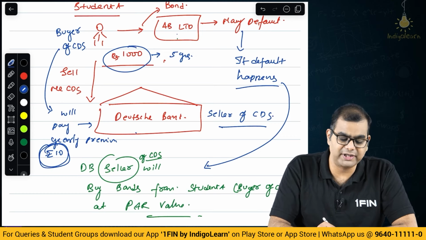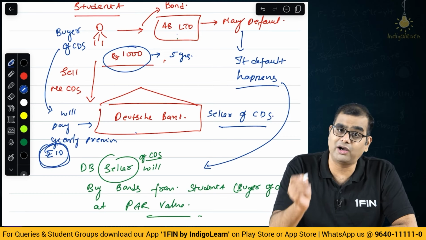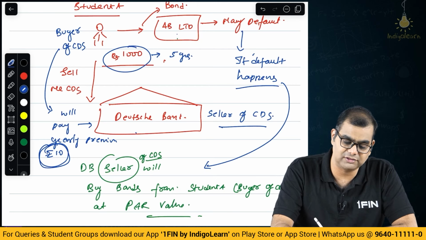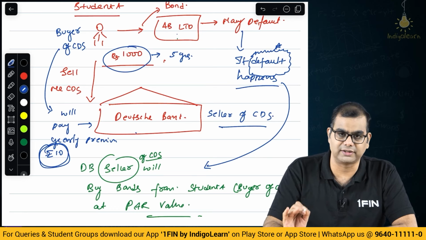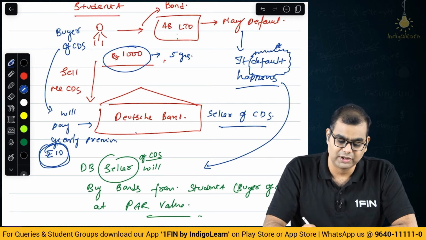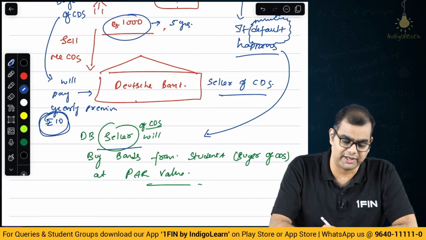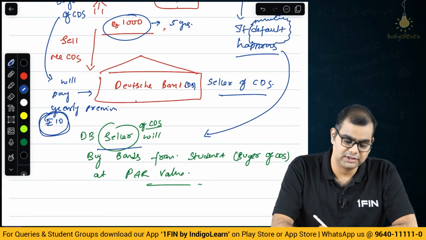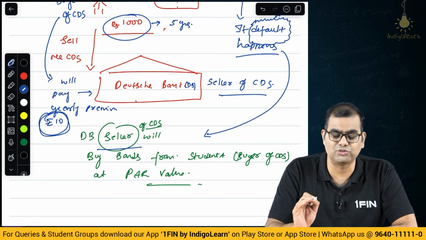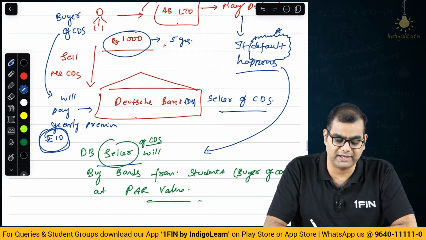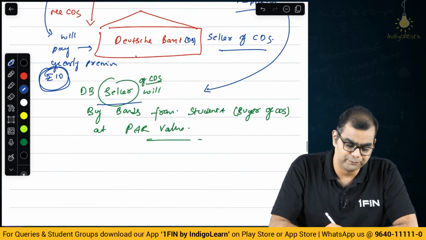In case this particular event happens, the default event, and what is default is also defined, then DB, the seller of the CDS, will buy the bonds from student A, the buyer of CDS, at par value.